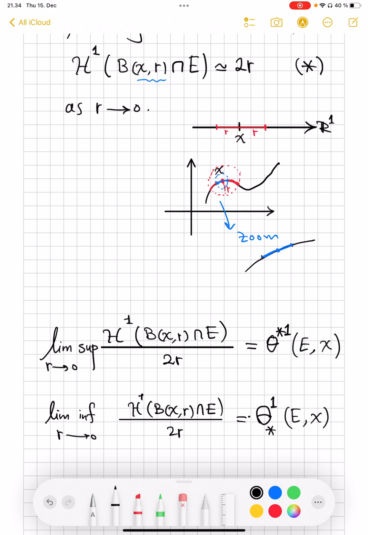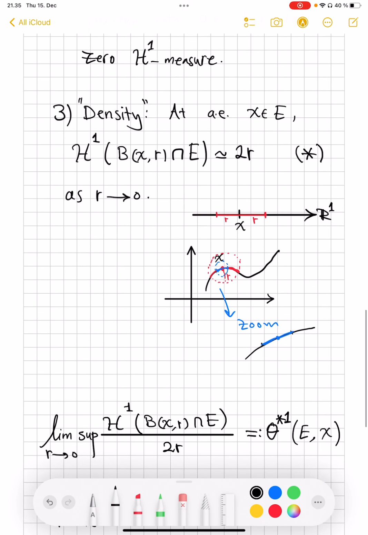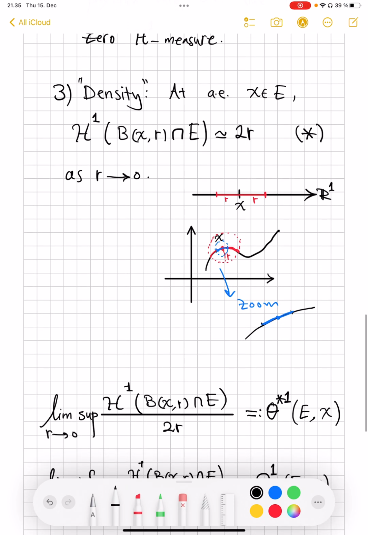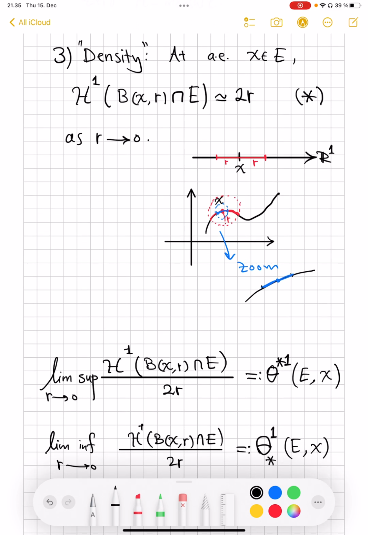Okay, so that is what densities will be. We'll define them for arbitrary dimensions and not just one. So the property that rectifiable sets, here we're talking about the one rectifiable sets, have in common with C1 curves is that this density, at almost every point, these densities both exist and coincide with the number 1.